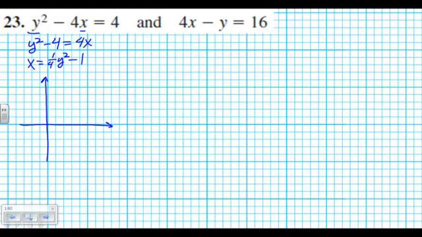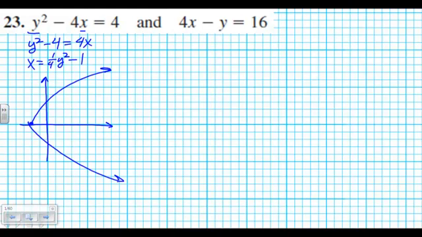Now, what else do we know about this parabola that opens to the right? How about when y is 0, x is negative 1. And that's as low as it goes. All right? So far, so good.